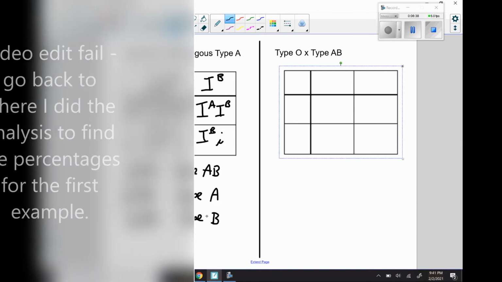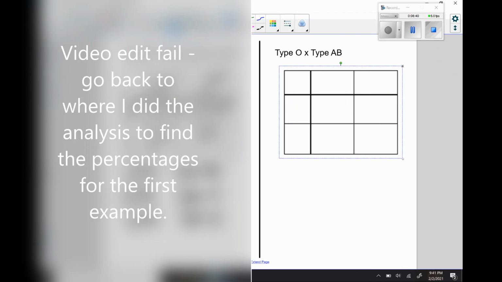And I'll do one more example, but if you're feeling good, feel free to stop and go on to the next video. My final example here, I have one parent with type O. They must have both recessive alleles. And I have one parent with type AB.